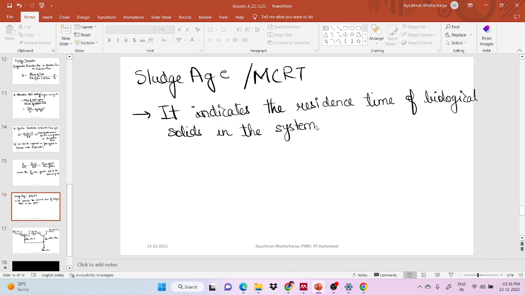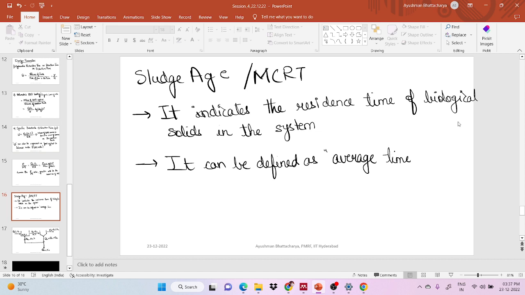Or it can also be defined as the average time for which biomass remains in the system.